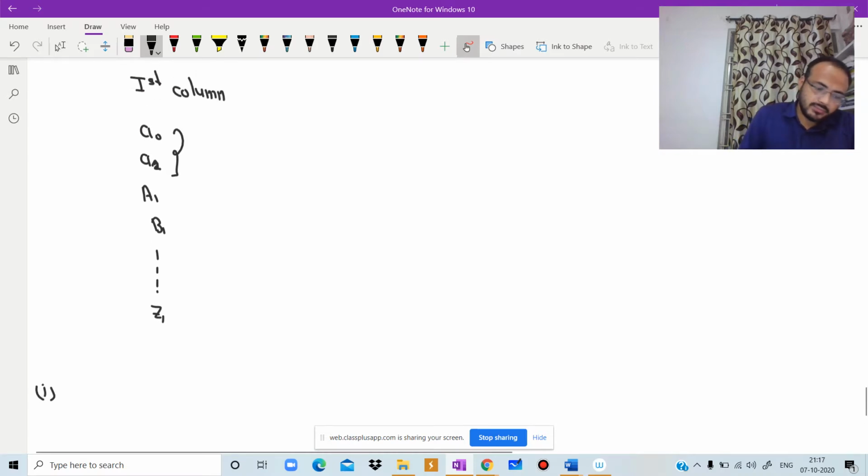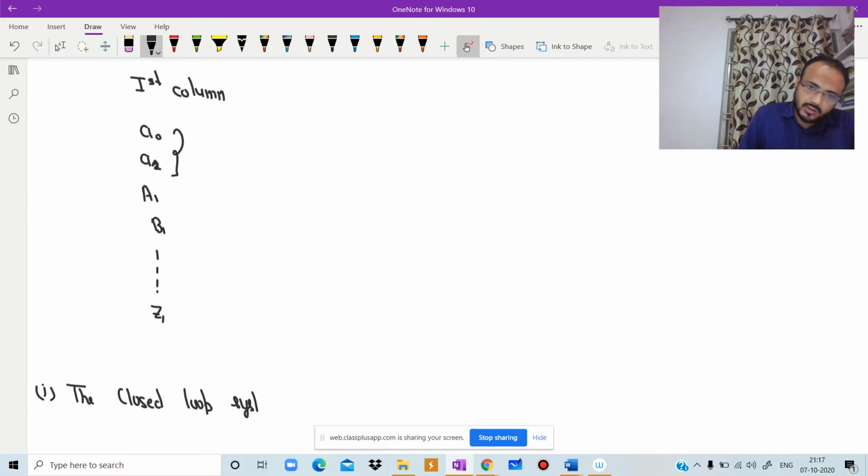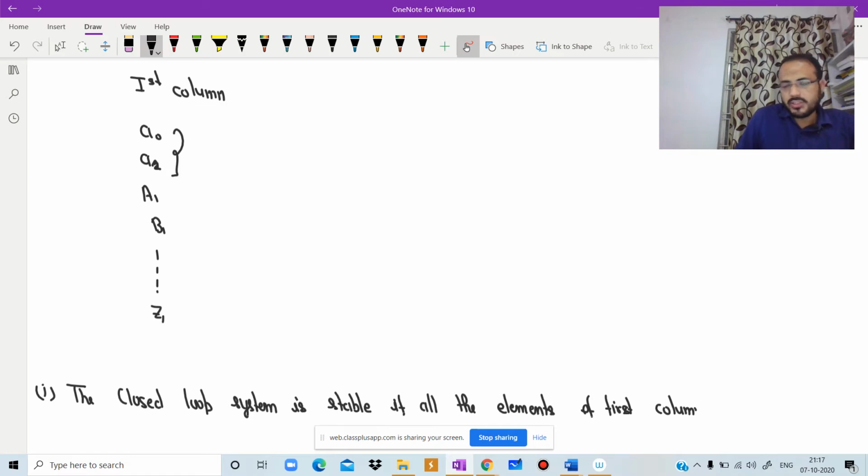First conclusion is that the closed loop system is stable if all the elements of the first column are positive and non-zero.